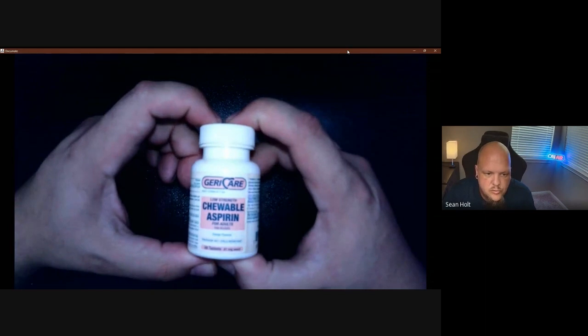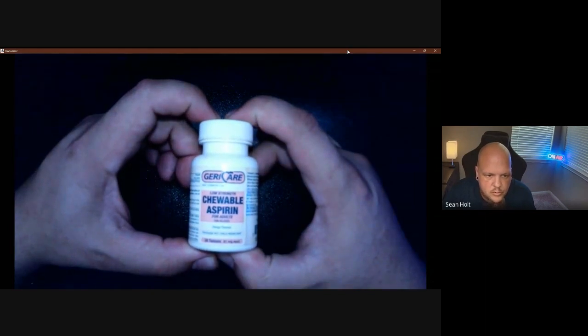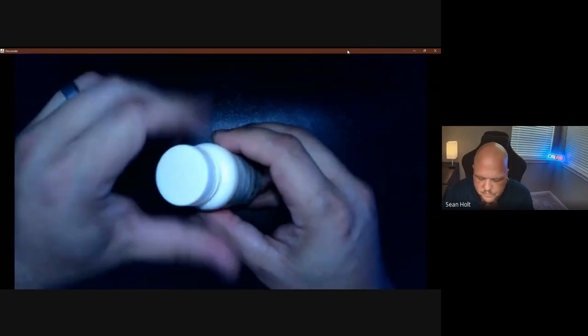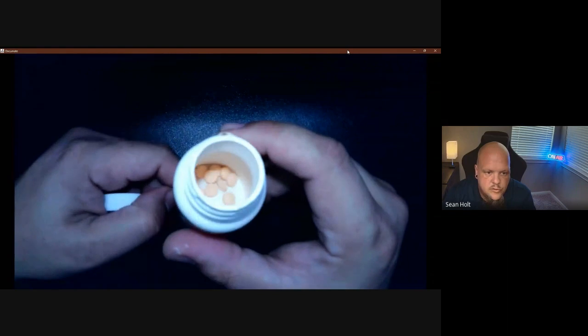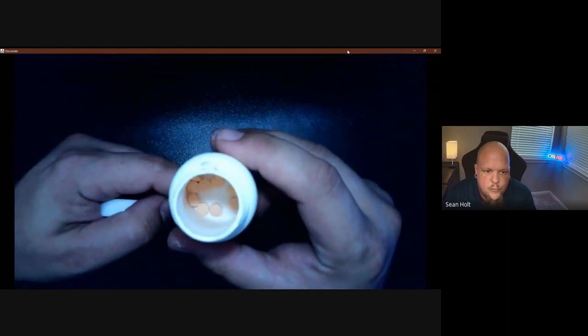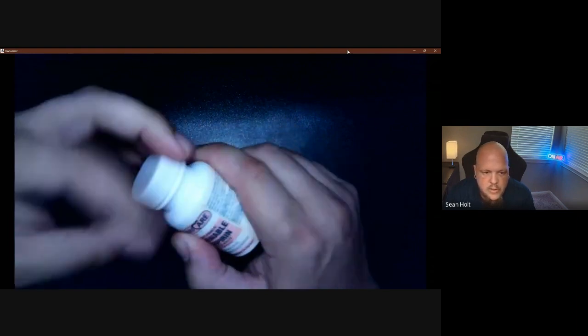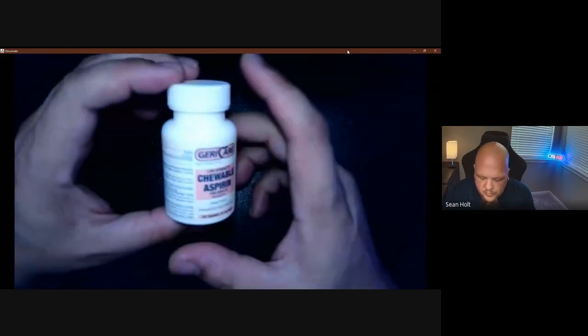So I'm going to take away the adult aspirin, and we're going to look at the chewable aspirin. This is a bottle of chewable aspirins. Let's open it up and take a look. Those are the pills, and we're going to give four of them, because each one is 81 milligrams.